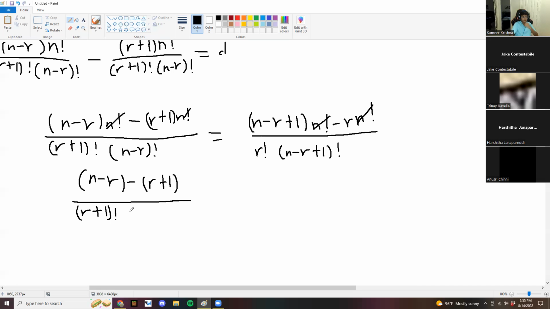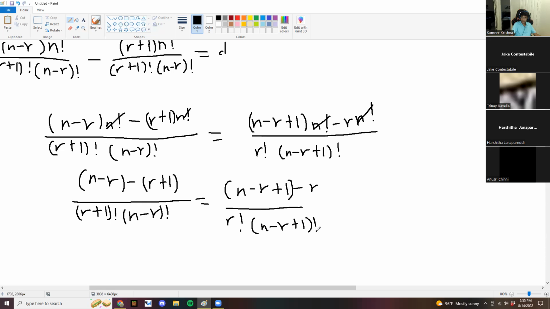So I'm looking at what he does, and he does something like (r plus 1) factorial, and then (n minus r) factorial. Okay. n minus r plus 1 minus r, and then r factorial (n minus r plus 1) factorial.